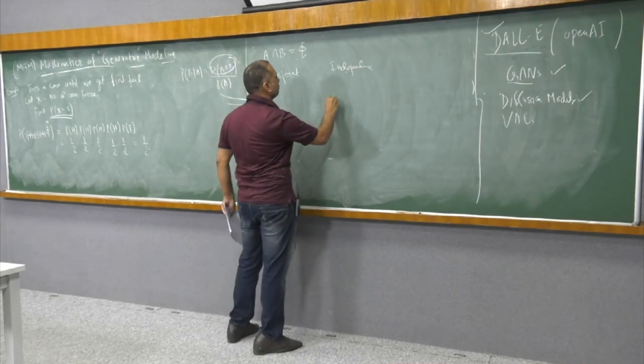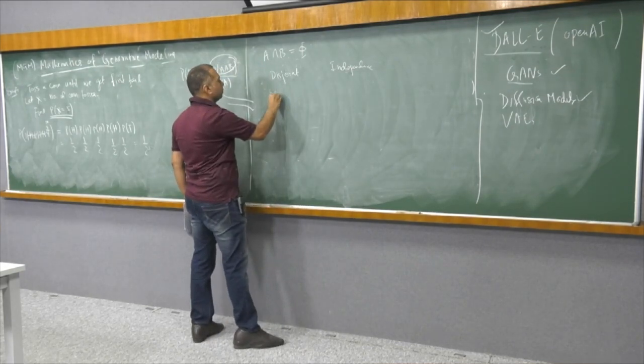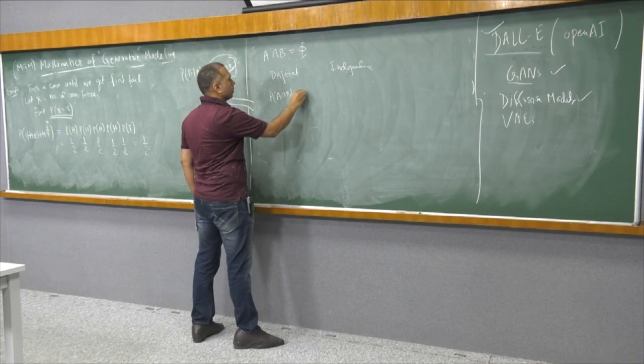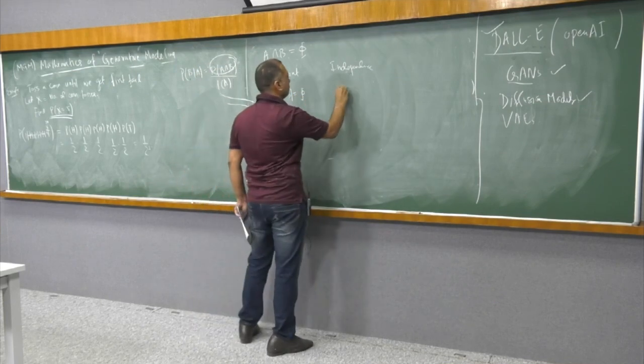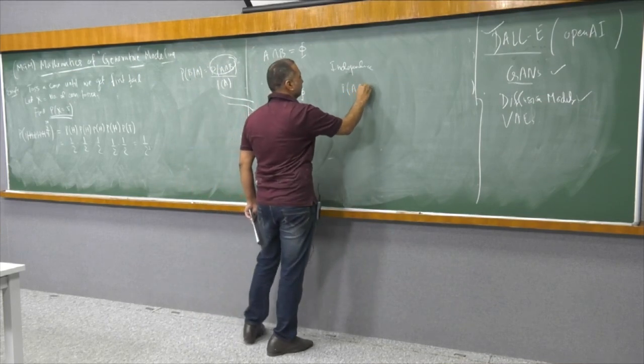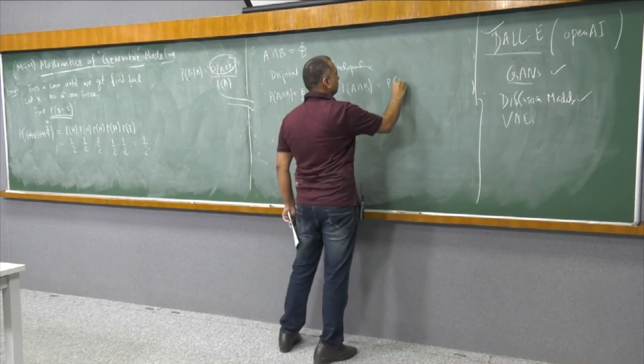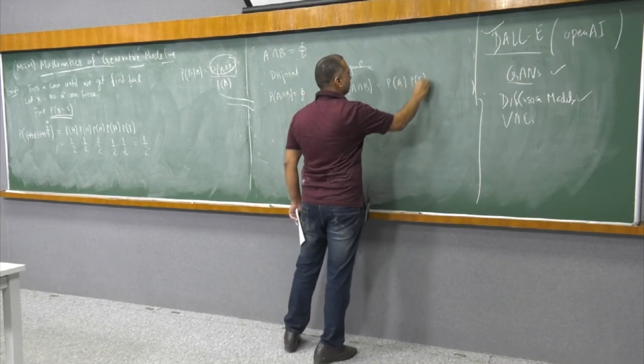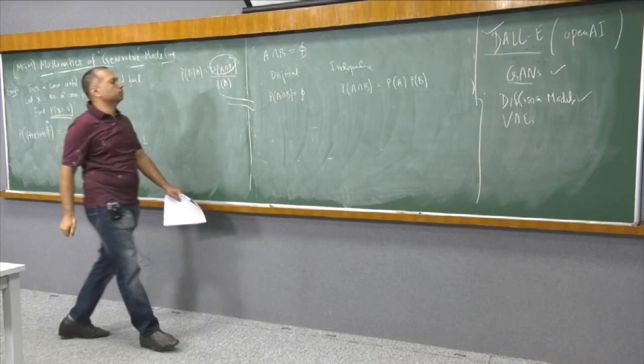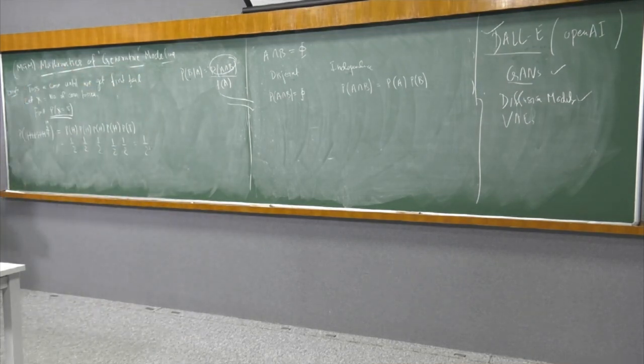Disjoint will necessarily imply the intersection is empty, and independence means the product formula. Now if two events A and B are disjoint, then the probability of the intersection is 0.